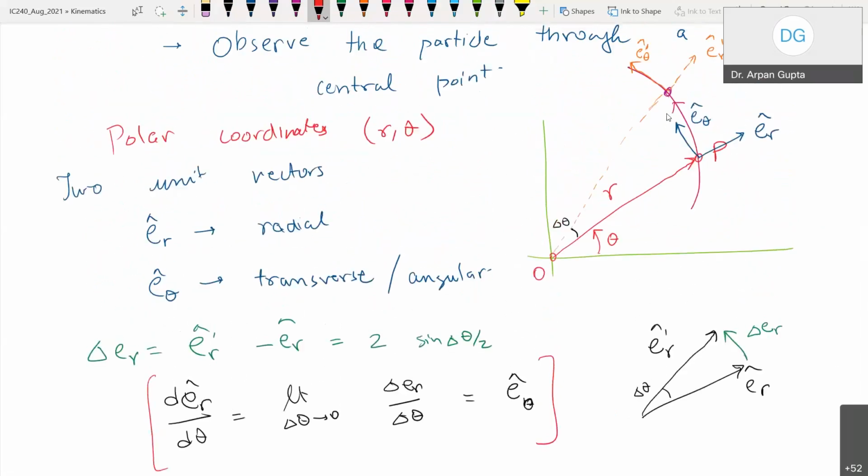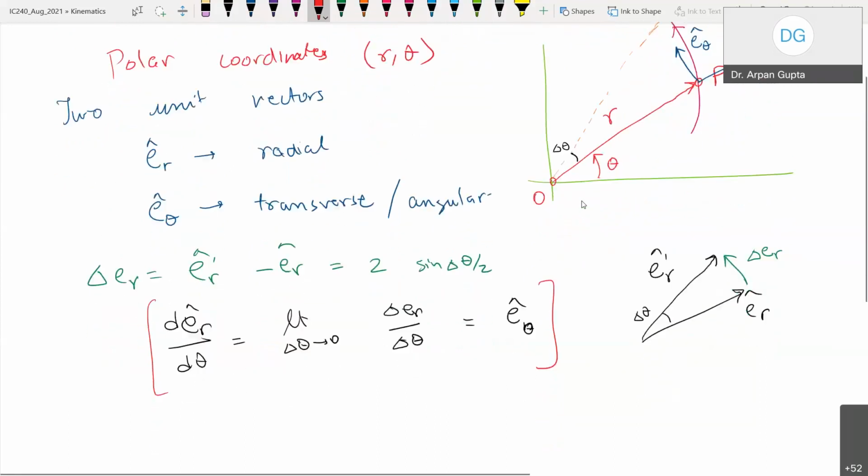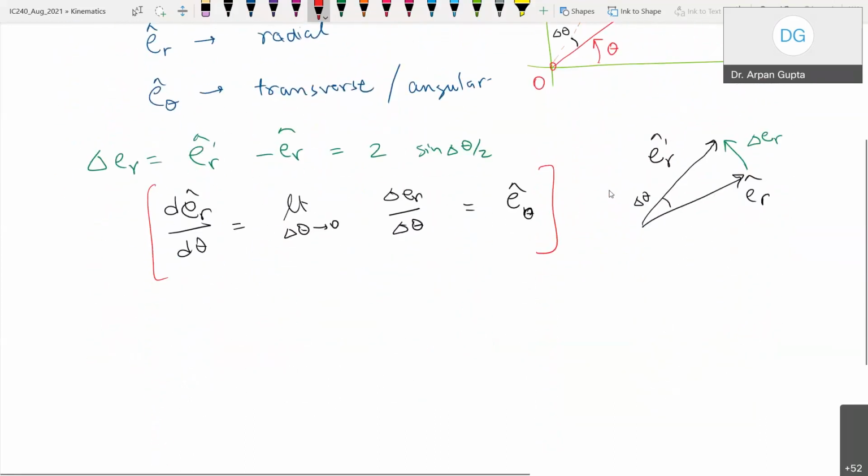Now, the other direction was e theta. In the previous case of path coordinates, this direction was the same, because we didn't have a central point of observation, but now here this direction is also changing.